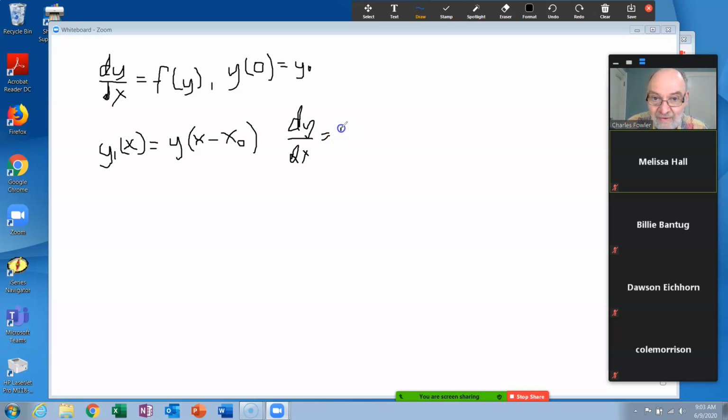That's equal to your f of y, the same f of y, even though it looks like a much sicker f of y. That's the same f of y as above. Same differential equation, but with a different initial value.